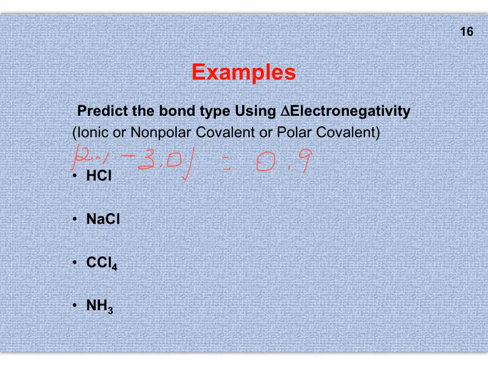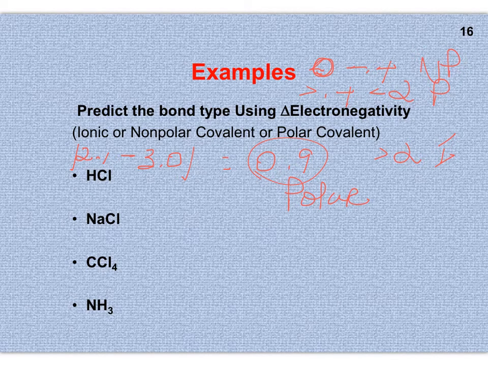Now you need to remember your ranges. From 0 to 0.4 is nonpolar. Greater than 0.4 and less than 2 is polar, and greater than 2 is ionic. All right, so this falls in the polar covalent bond.